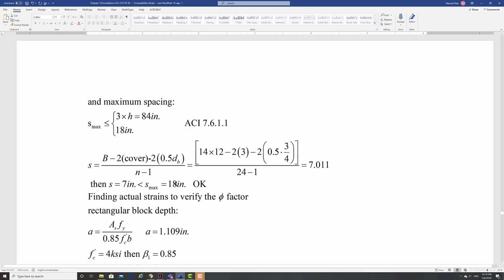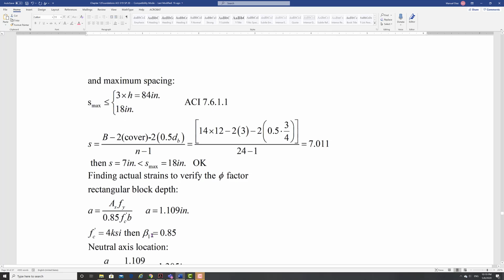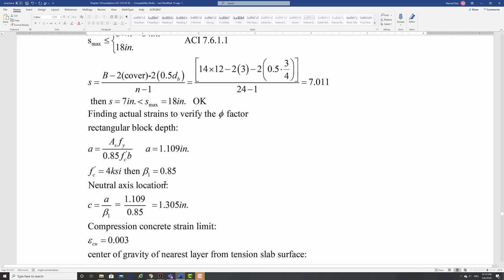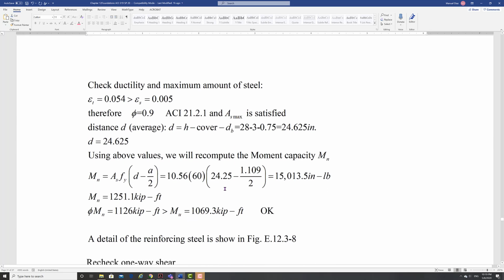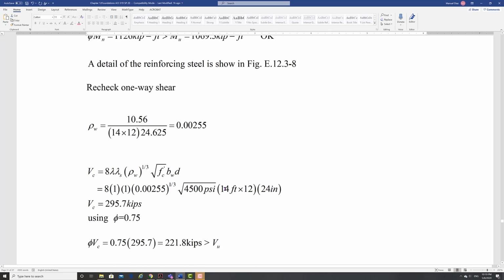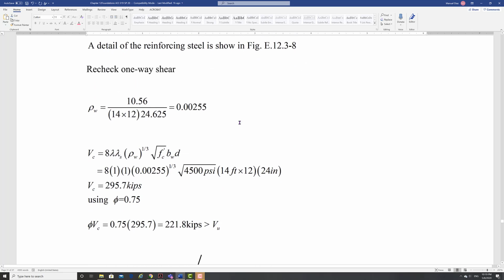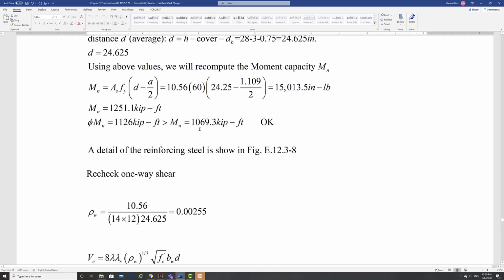So now I need to find my strength, so my ductility, remember, so I'm going to do that. Check for my ductility. Beta 1 is 0.85. Let me check that, because I think I made a change to make it pass, because that shear was critical. Yeah, see, I did 4,500. That's what I thought.